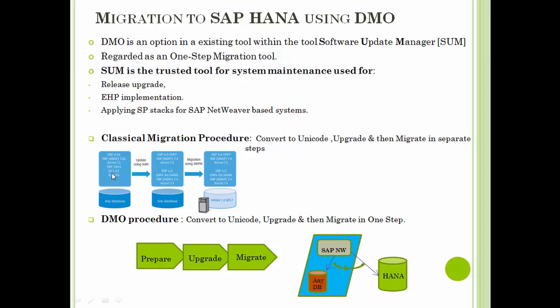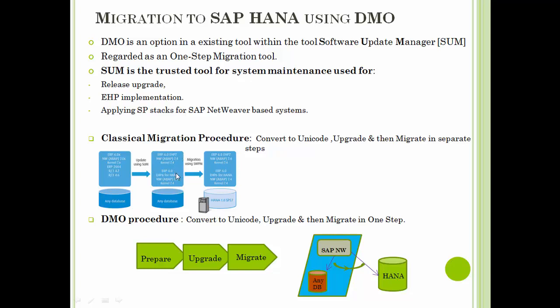Say for example, we have to transform ERP 6.0 or NetWeaver 7.0 running on kernel 7.0, that is 700, to be running on HANA database. For this, as shown here, we have to first update using the SUM tool, making it a release which is supported by SAP HANA database. Say for example, NetWeaver 7.4, 740 is supported, and ERP 6.0 EHP7, which is based on NetWeaver 7.4, is supported, and the kernel should be 7.4.